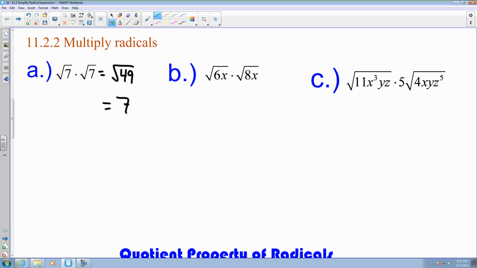If we have the square root of 6x times the square root of 8x, this can be written as the square root of 48x squared. Let's try to simplify that. Let's see if there are any values in there that are perfect squares.